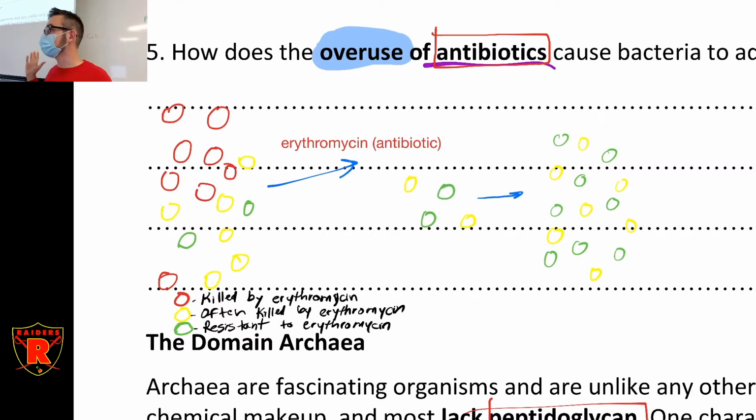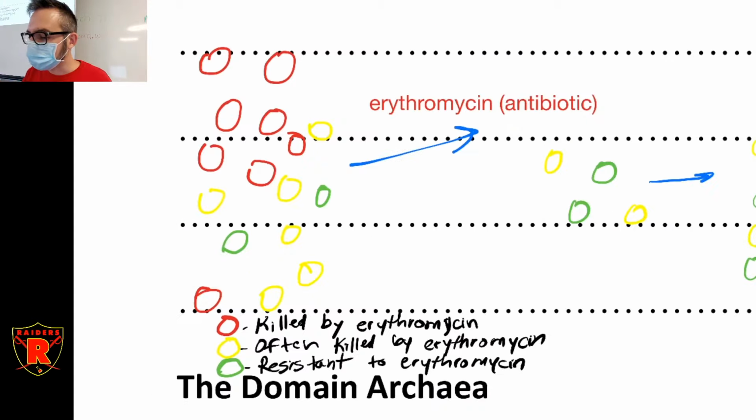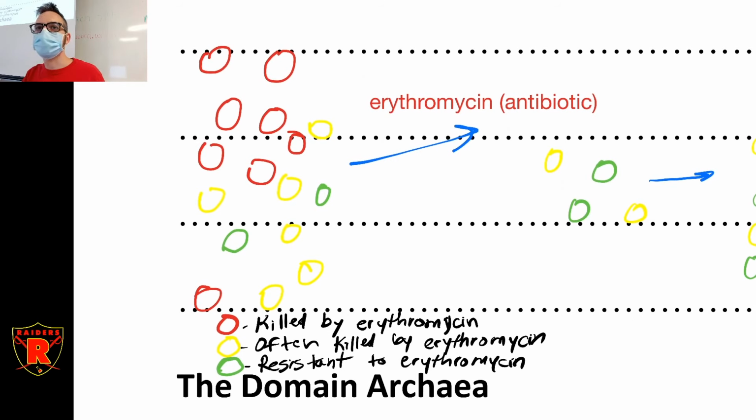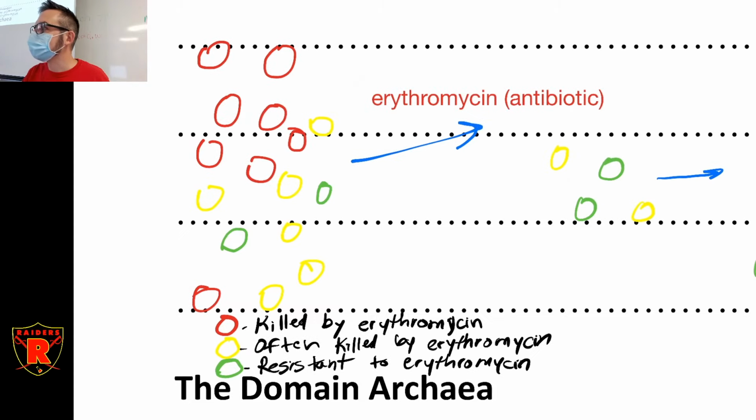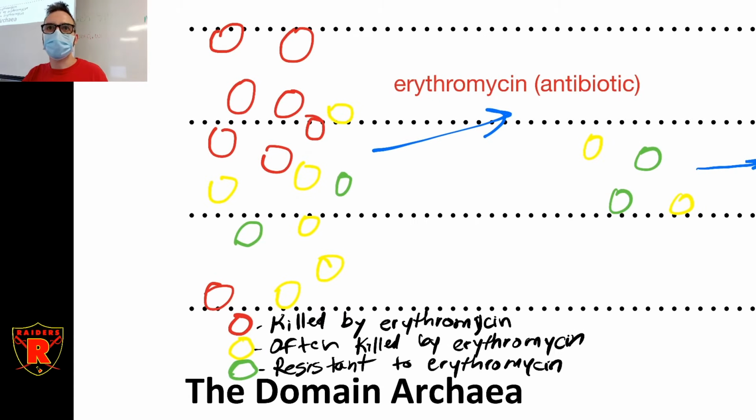You can reverse these processes, by the way, by using fewer antibiotics. There is a reason why the red ones here were more common at the beginning. That's because usually they're just better at surviving. The ones that are less resistant to antibiotics are usually just better at multiplying. So oftentimes when you stop using antibiotics, you get this profile coming back again.